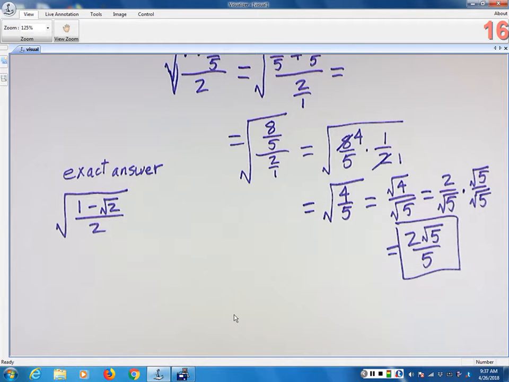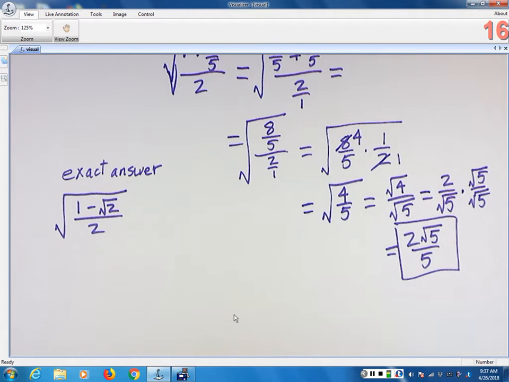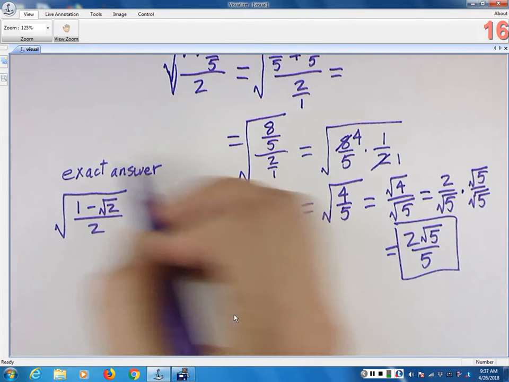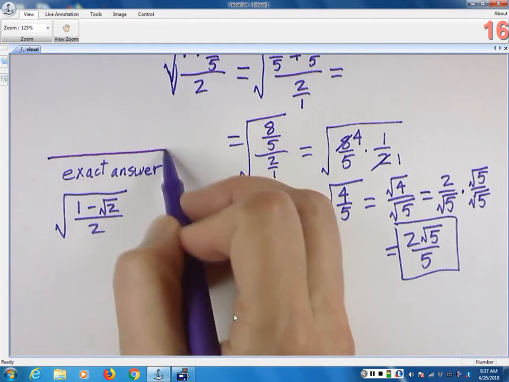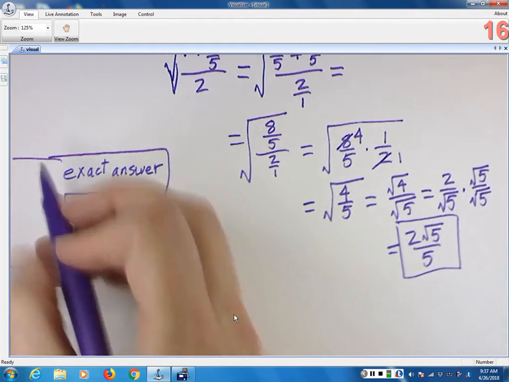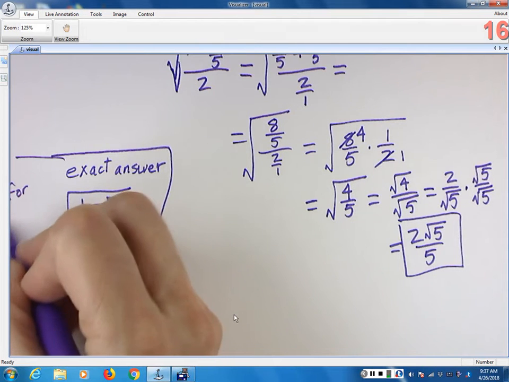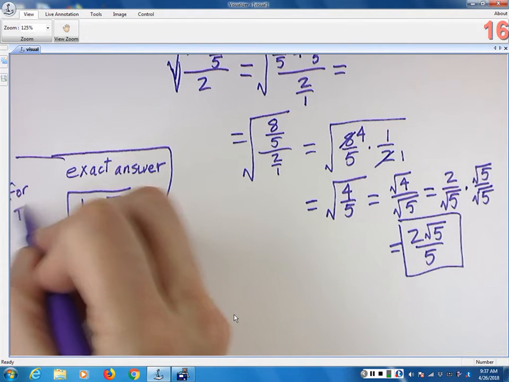That would be an exact answer. I don't remember what the test retake example was, but this is an exact answer for a different problem. Test retake.